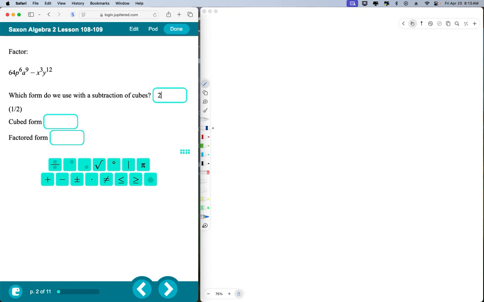So our cubed form here is going to be the uncubed of these. 4 times 4 times 4 is 64, so that's going to be 4. And then it'll be p squared. And then we have 9 divided by 3, that would be a to the third power.